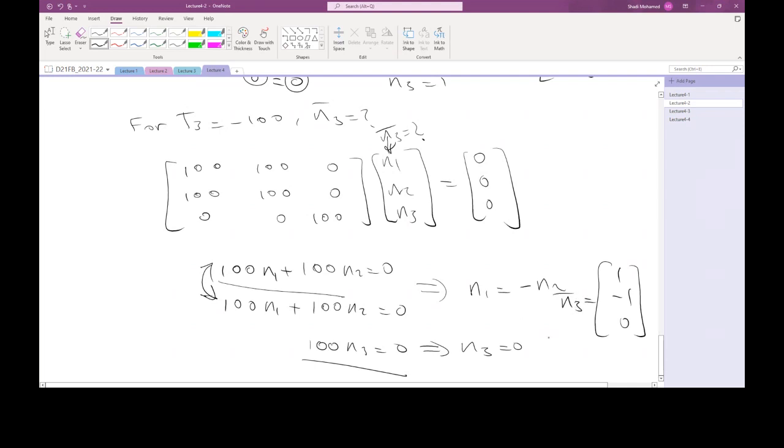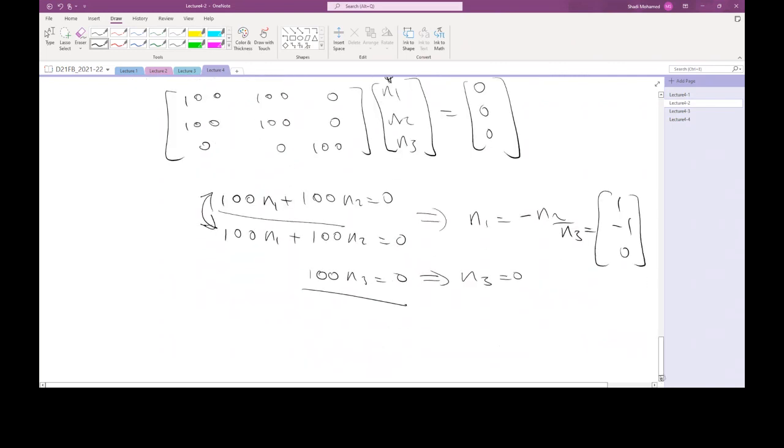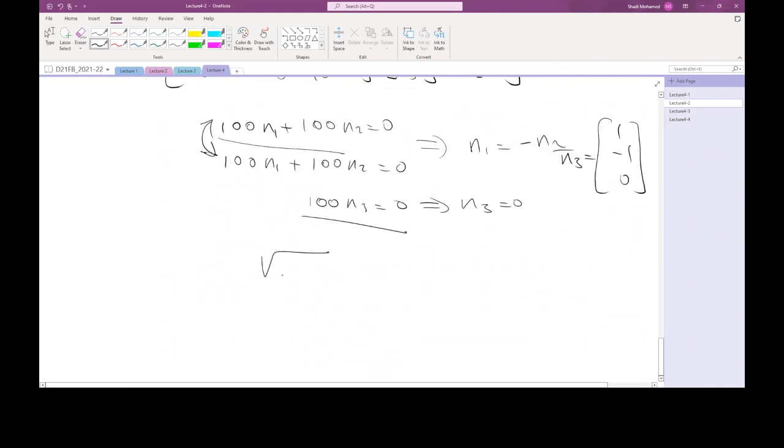Again, I need to normalize, divide by the length, the square root of the sum of the squares, which is 1 squared added to minus 1 squared added to 0, and this is going to be the square root of 2. So I simply write n3 is equal to 1 over square root of 2 multiplied by 1, minus 1 and 0.